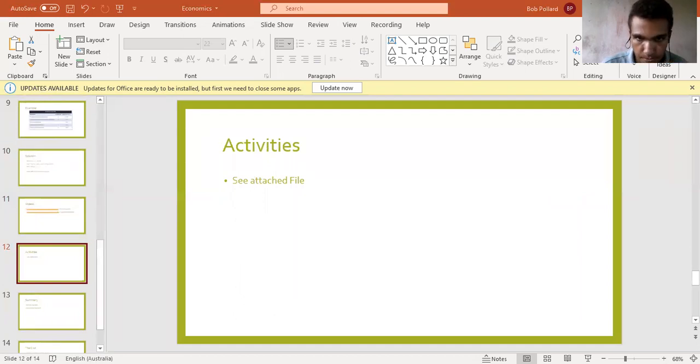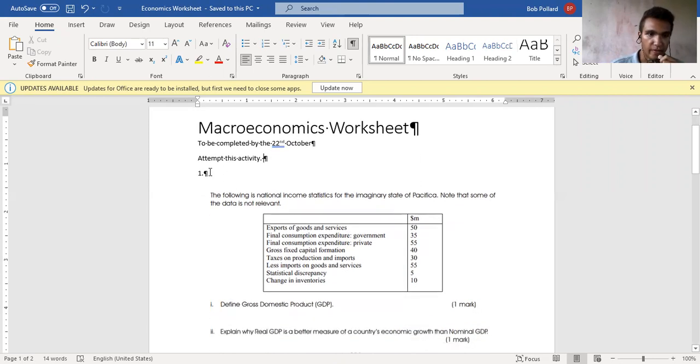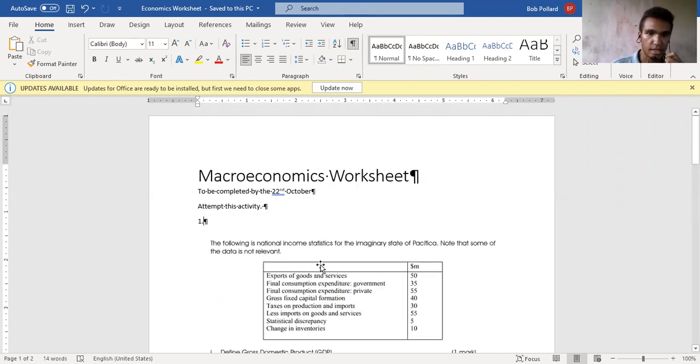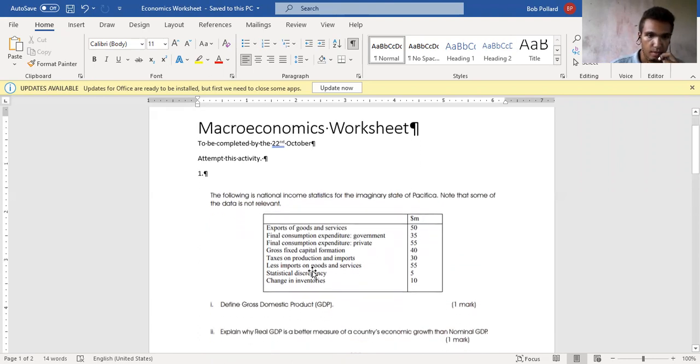Here it is. These activities are to be done by next week, Friday, 22nd of October. So please have time to do it. You have part 1, then you have part 2. Basically, you have to look at the statistics here of the Pacifica, and please be careful. Some of the information here is not relevant.